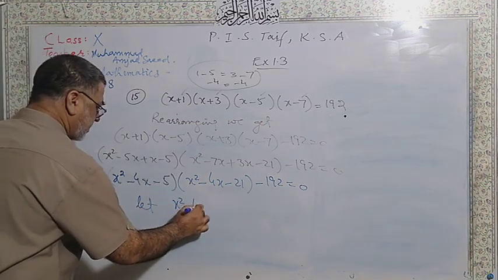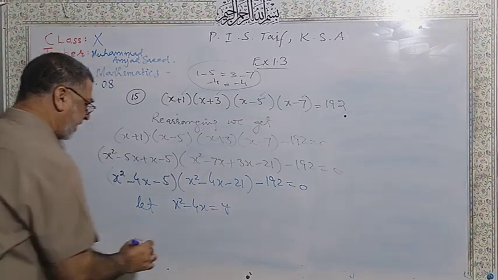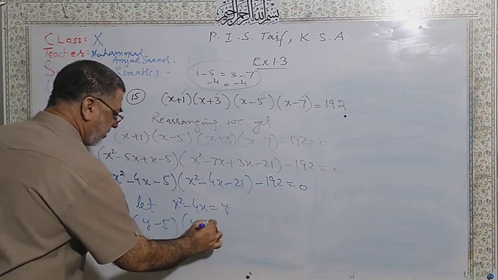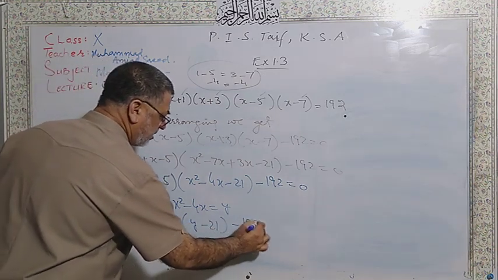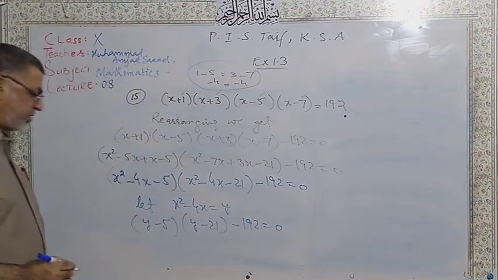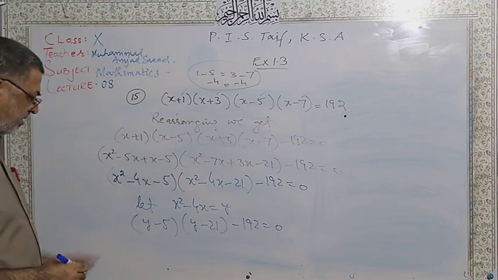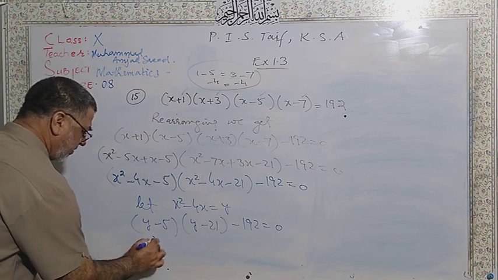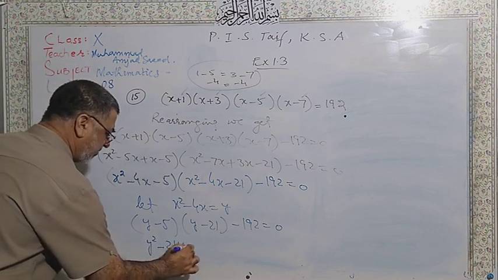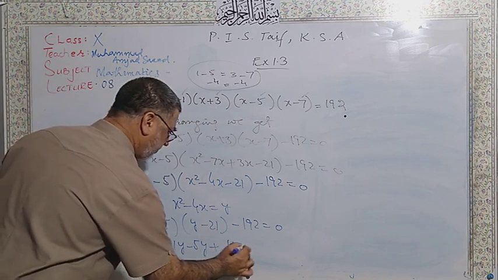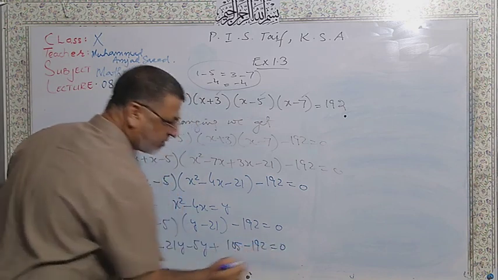Let x square minus 4x is equal to y. So we have (y minus 5)(y minus 21) minus 192 is equal to 0. After that, we will multiply: y square minus 21y minus 5y plus 105 minus 192 is equal to 0.